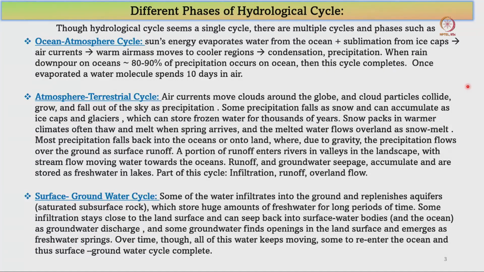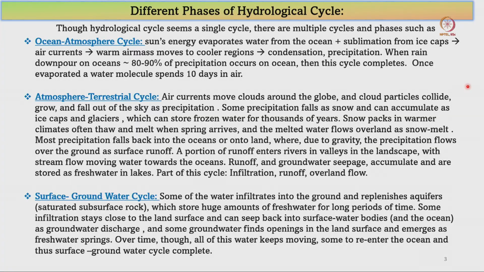If it is snowfall, it can get stored as snowpacks, or if it is a stably cold region, it can form bigger ice packs, and that can lead to the formation of ice and larger bodies like glaciers.